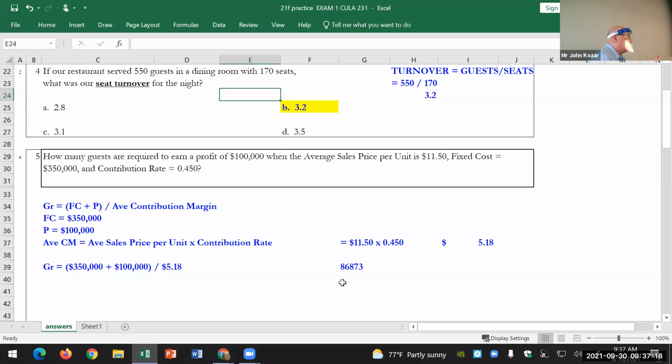We always round that number up because this is counting how many people we need to come in. This is probably the most intricate problem that we'll have on the test.